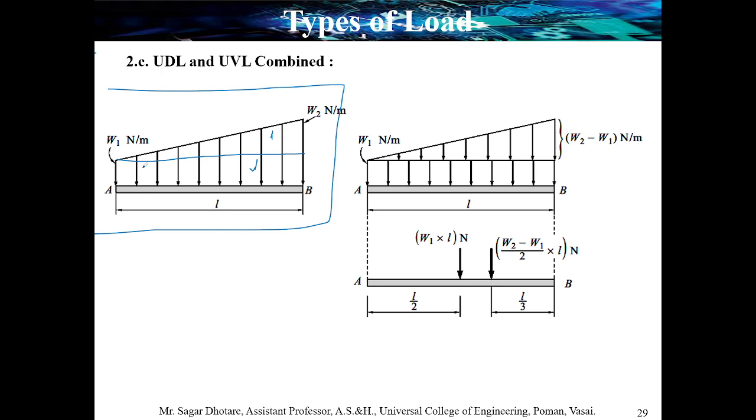For the uniform distributed load, what is the equation? W1 is the uniform load which is distributed over the length. So the magnitude is equal to W1 into L. And what about the distance from point A where it is located?